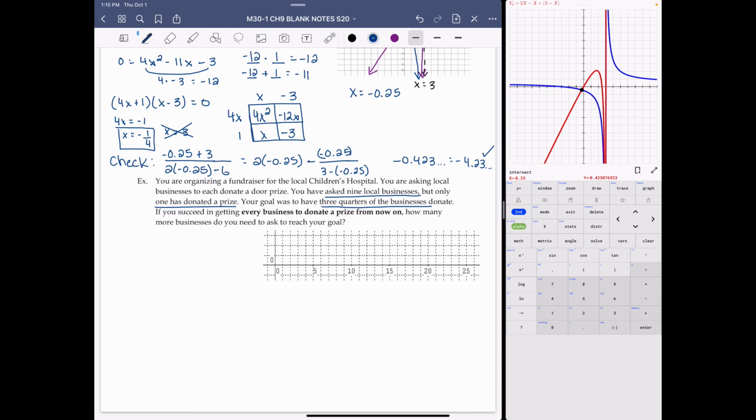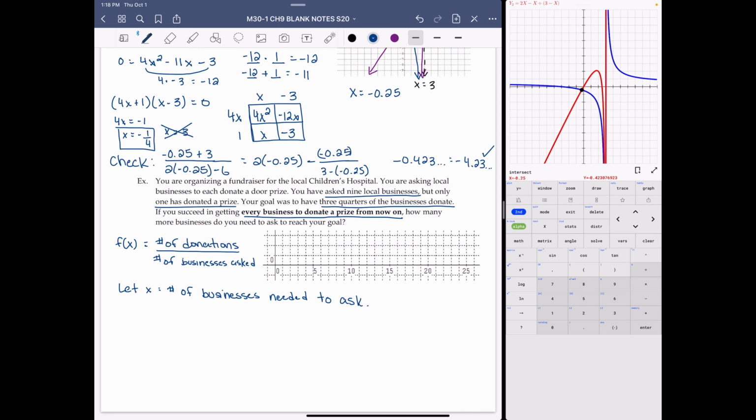Let's let x equal the number of businesses needed to ask, because that's what we're trying to find out: how many more businesses do we need to ask if every business says yes.